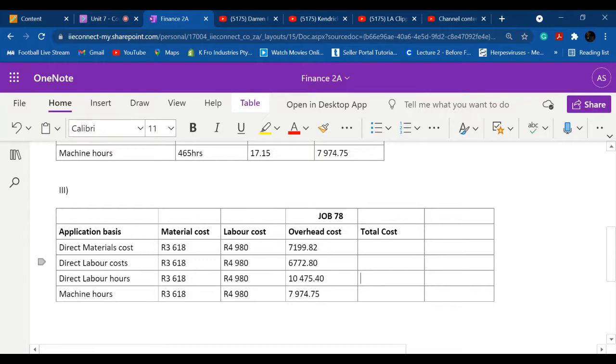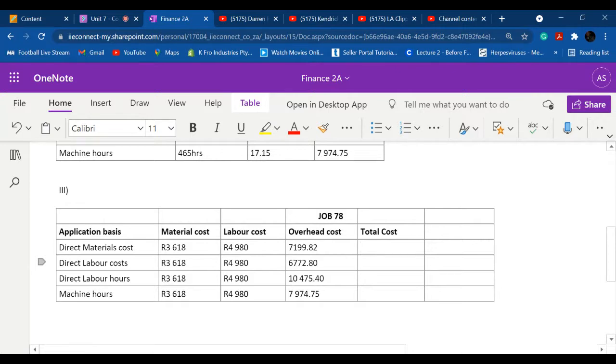Cool. Anybody want to give me the calculate the second one while someone is doing the first one? I know what you could do if you wanted to make it quick, is to quickly just add these two, because you're going to get the same. Can you see it's the same throughout? So add your material cost and your labor cost, 3,618 plus 4,980.